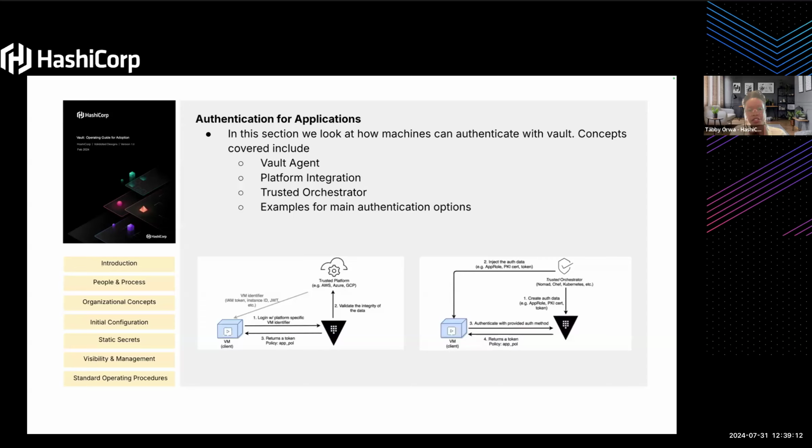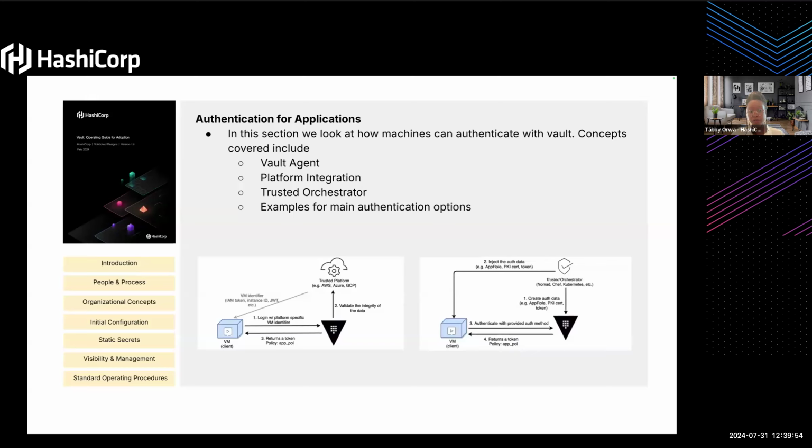Absolutely. So there are two approaches to securely authenticate a secret consumer, right? You could make use of a platform integration, or you could make use of a trusted orchestrator to supply those credentials. If we walk through the platform integration model, it will look like this. Vault will trust the underlying platform, whether that be Ali Cloud, AWS, Azure, or GCP, and that underlying platform will assign a token or a cryptographic identity, such as an IAM token or a signed JWT token, to a virtual machine, a container, or a serverless function.